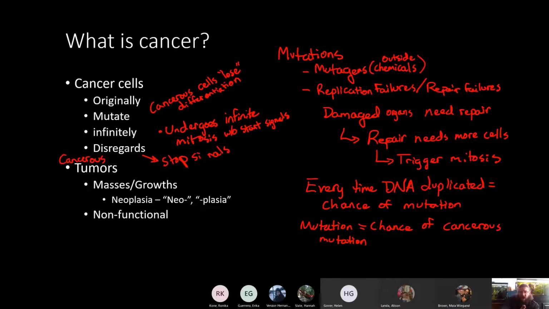Now, this is all cancerous tumors. There are non-cancerous tumors. These are called benign tumors. So a benign tumor is the result of cells, and it will grow over time. So you have these mutated cells, and these mutated cells start undergoing mitosis.